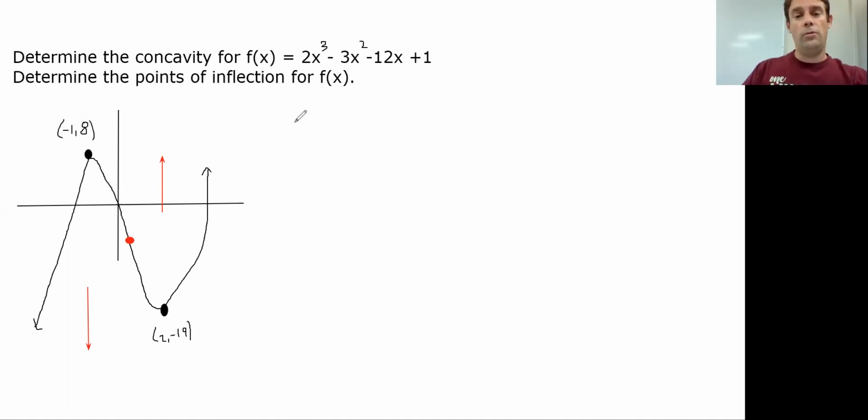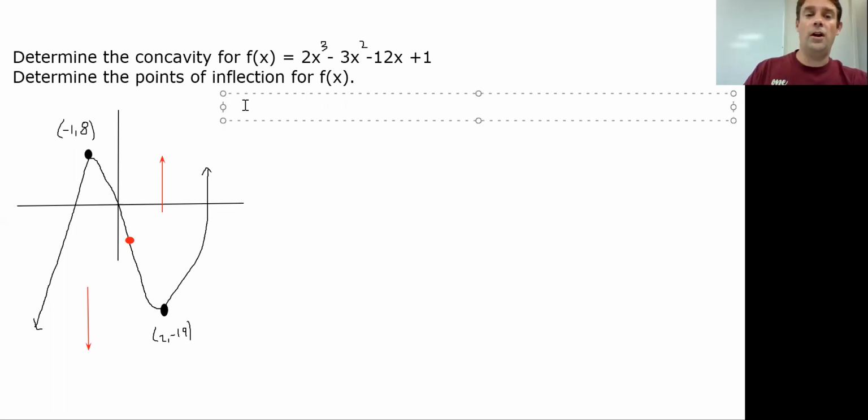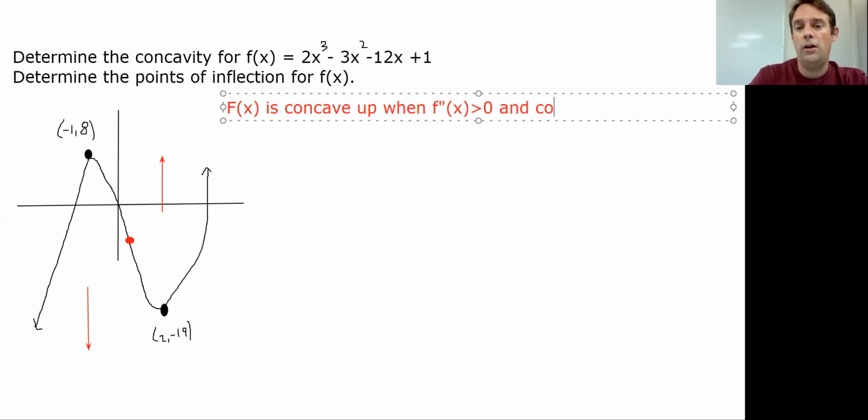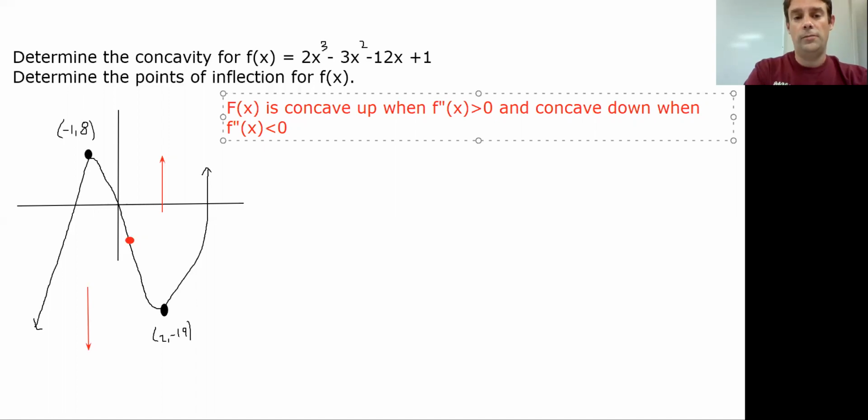All right, here we go. And once again, we're going to say what we're going to do. We're going to do the work. When we're done, we're going to say what we found. So f of x is concave up when the second derivative is greater than 0, and concave down when the second derivative is less than 0.